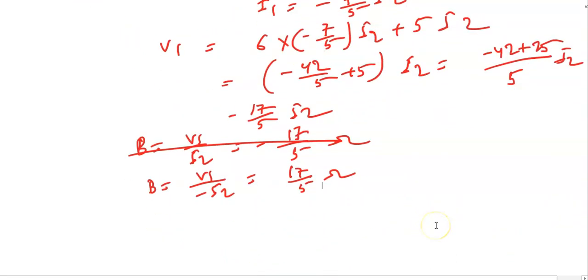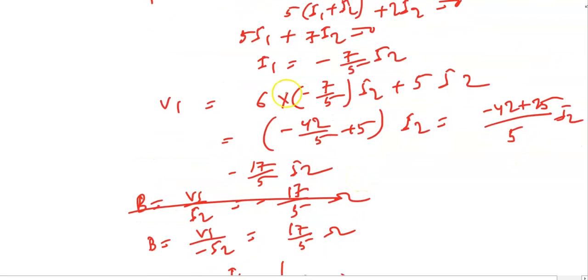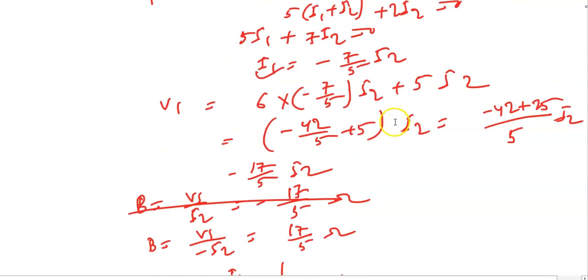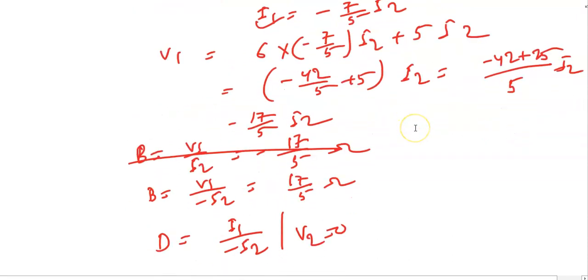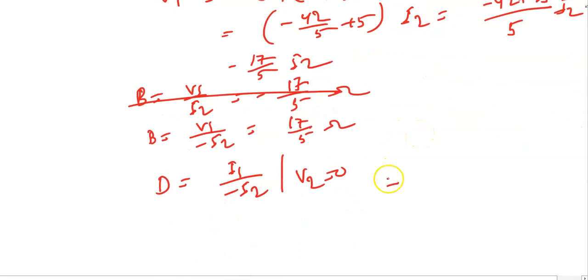Now next is your D equal to I1 upon minus I2, V2 equal to 0. See this equation. So I1 upon minus I2 is just 7 by 5, so D is equal to 7 by 5.